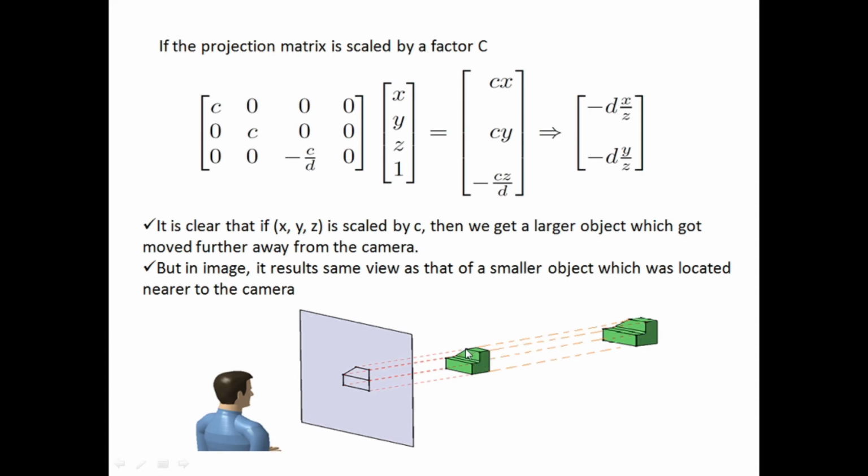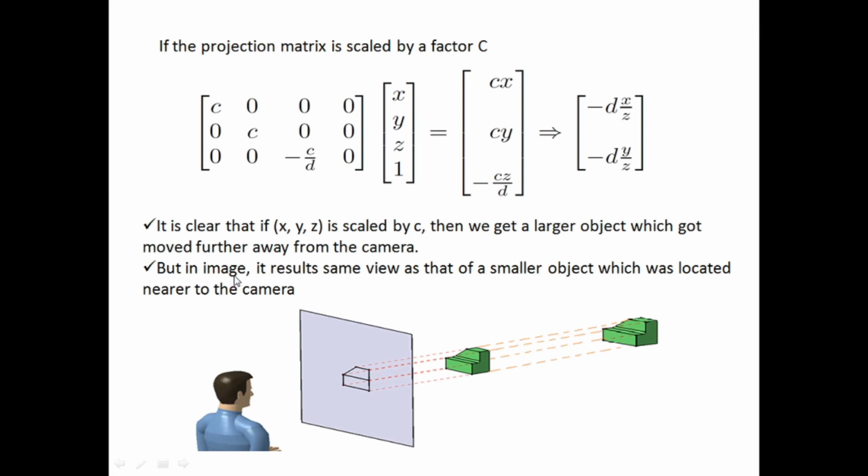Then z represents the distance, the separation between the image plane and the 3D environment. That means this object is moving still farther away from the perspective virtual image plane, or plane of projection. So we get a larger object which has moved further away from the camera, or from the eye.